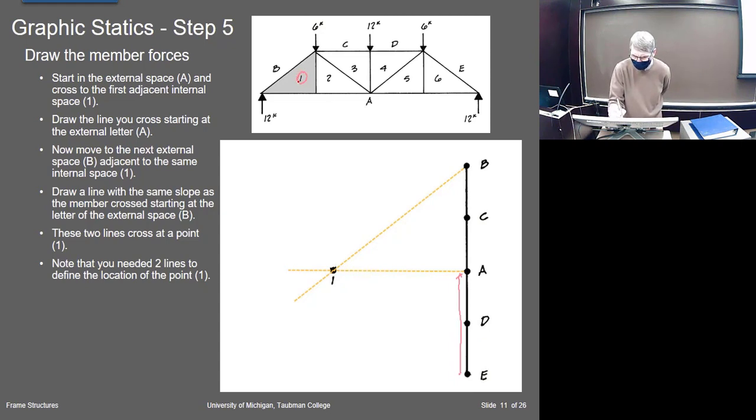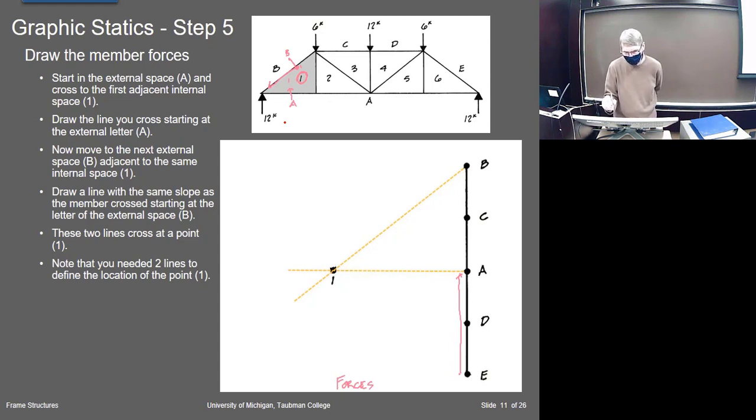So I'm going to try and find this number 1. If I take this member, this would be A1, and if I take this member, this would be B1. They both share 1, and when I'm drawing the forces now, the forces will follow the direction of the members. That's the kind of beauty of this thing. Since they're two force members, the axial forces will be in the line of the member.